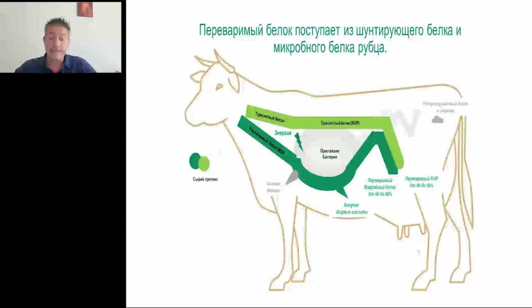In ruminants, the RUP, rumen undegradable protein, represents generally from 40 to 43% of the requirement in crude protein.